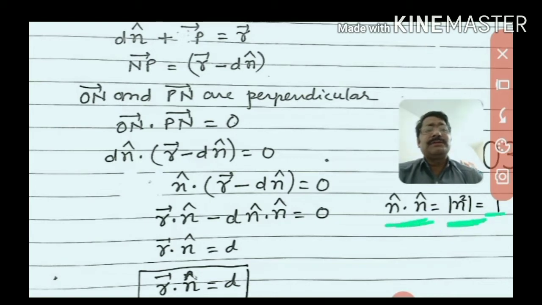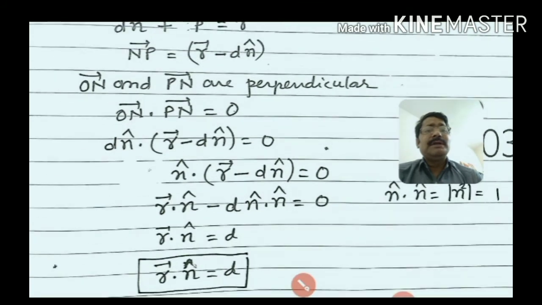So the value of n cap dot n cap will be 1. So you will have here r vector dot n cap minus d equal to 0. So look here, you transfer this d to the right hand side, you get r vector dot n cap equal to d. This is the equation of the plane.